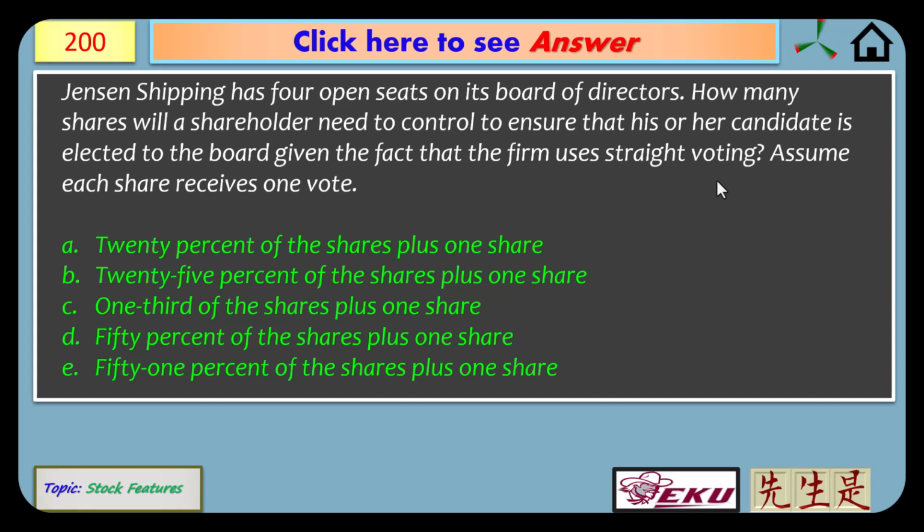There are four seats available. What percentage plus one of the shares do you need to guarantee a seat? What do you think?